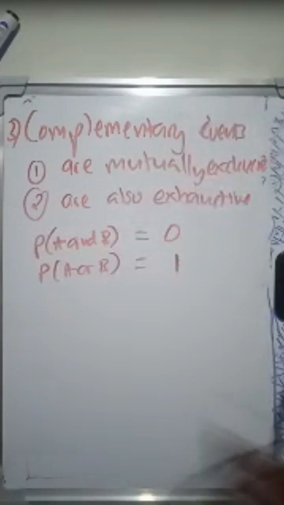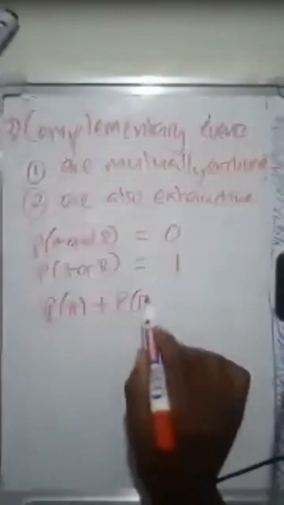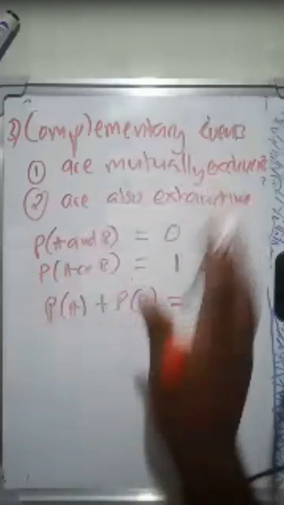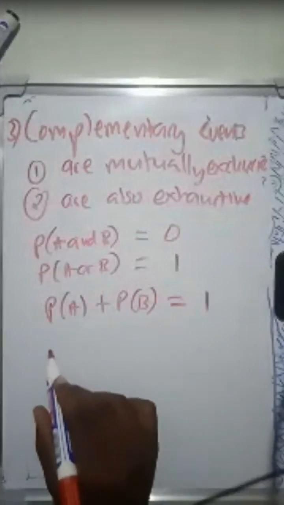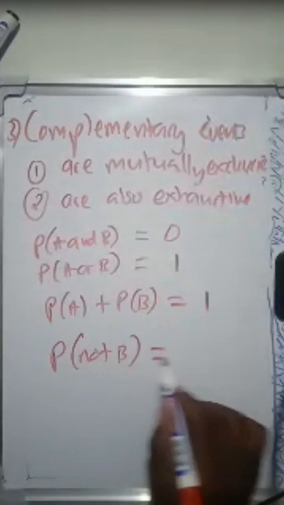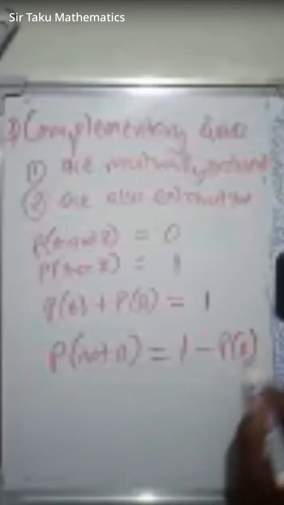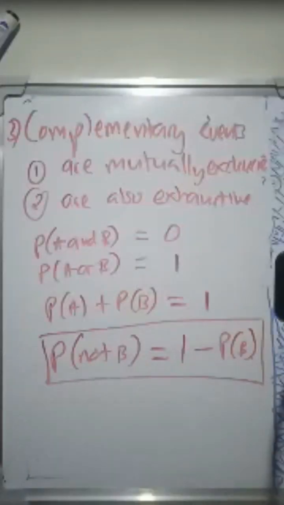So what does it mean? It means the probability of A plus the probability of B is equal to 1. Okay? Hence, this is simple. When you're talking about complementary events, for example, if we are calculating the probability of not B, this is simply going to be 1 minus the probability of B. Okay?